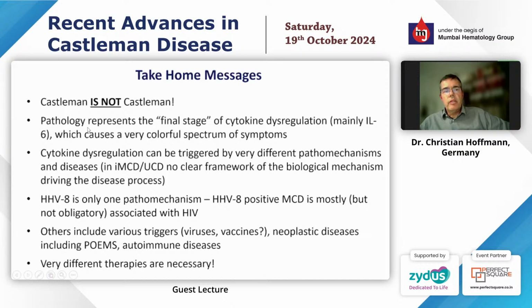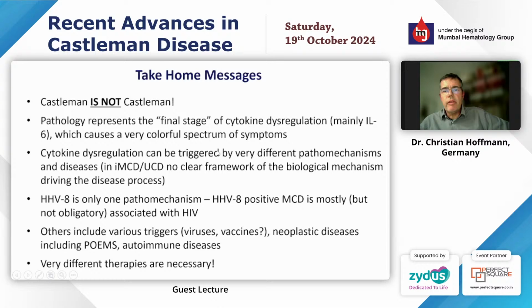The pathology represents the final stage of cytokine dysregulation, mainly IL-6, which may cause a very colorful spectrum of symptoms. Cytokine dysregulation can be triggered by very different pathomechanisms and diseases. In IMCD and UCD, there's no clear framework of the biological reasons driving the disease process.